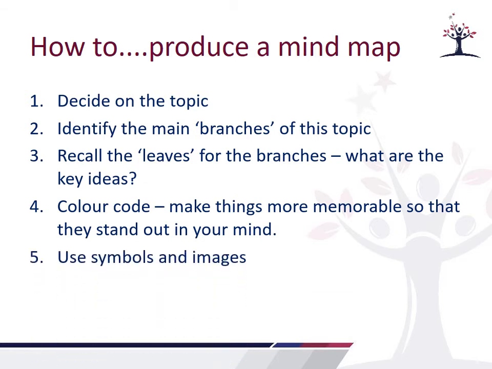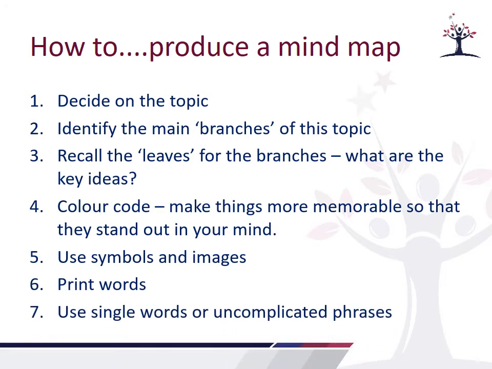Using symbols and images, and as I've said before, it's really important that we're not taking lots of time doing our drawings. It's okay as long as you know what that image symbolises. Printing words, so using upper and lowercase, and using single words and uncomplicated phrases. We're not looking for long sentences.